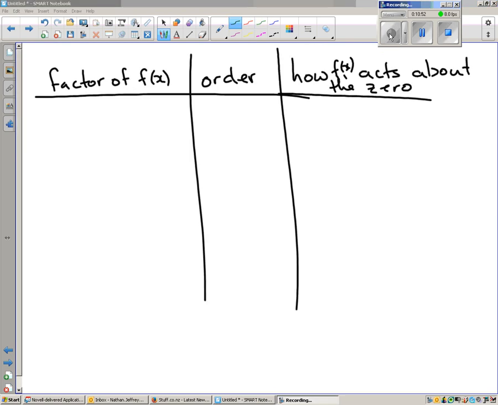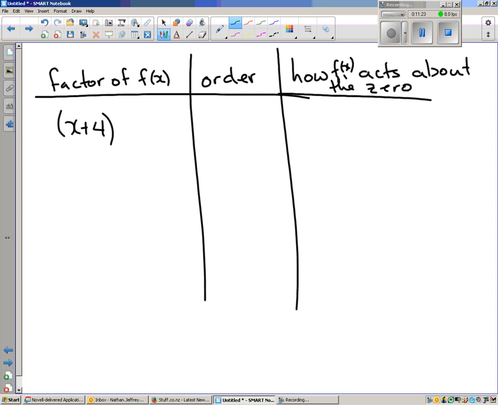So we're going to make a chart. First column of our chart says a factor of our polynomial, factor of f of x. So each one of the things in this chart could be a factor of a bigger polynomial. The second column is going to say the order of that factor. And our third column, we're going to talk about how our function acts about that 0. So if we had a factor that looked like, say, x plus 4, what is the order of that factor?